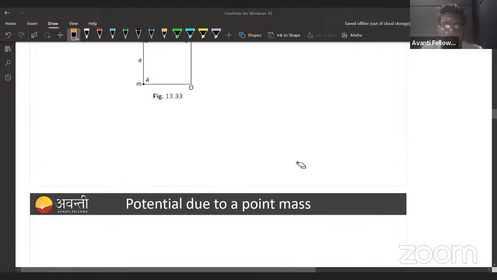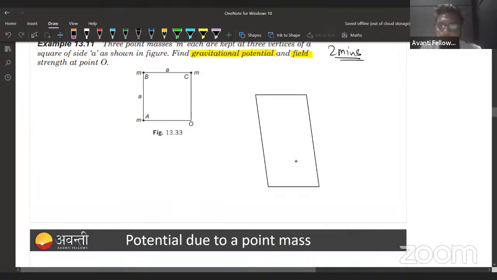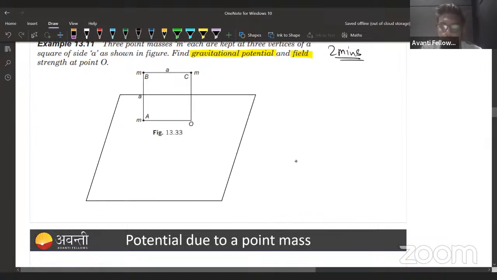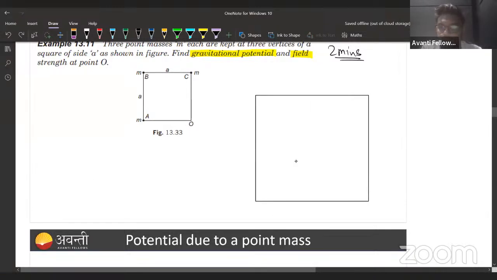Fine, no issues. I'm going to draw it again then. So let's say this is a square. Why is it becoming a trapezium all of a sudden? Okay, let's say this is a square and there are three masses kept at these three corners, right?